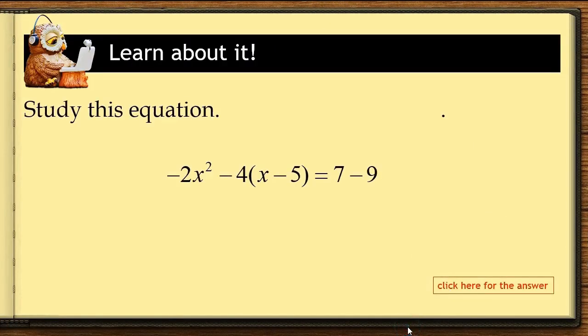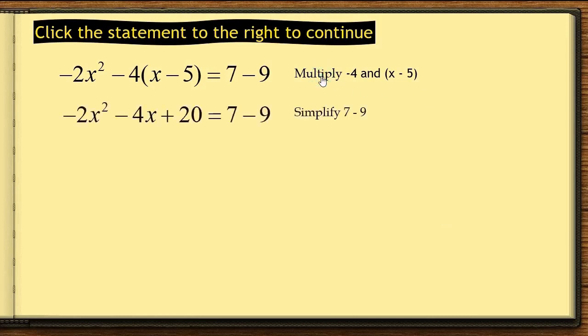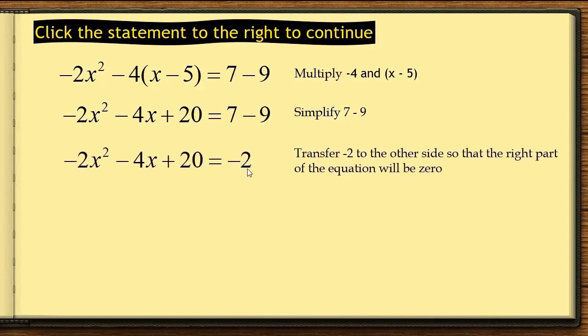Let us transform this equation in standard form so we can get the value of a, b, and c. First, multiply negative 4 and x minus 5. Then, after multiplying, we need to simplify the right side of the equation, which is 7 minus 9. And the answer is negative 2.